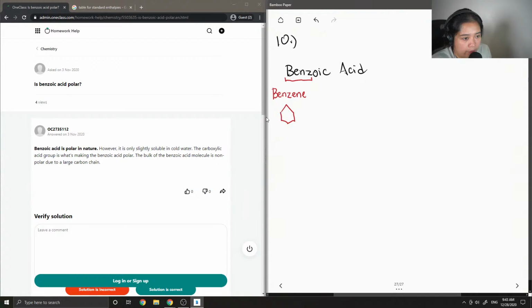So if you don't remember what benzene looks like, it's a 6-membered aromatic carbon ring. So that means there's a double bond in between every other carbon. And when something ends in ic acid, that means there's a carboxylic acid functional group as well.